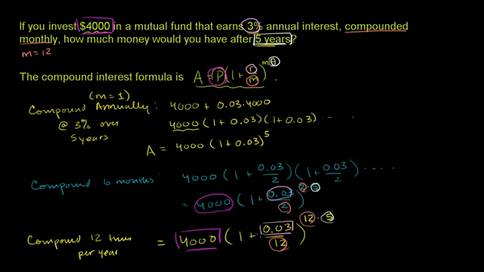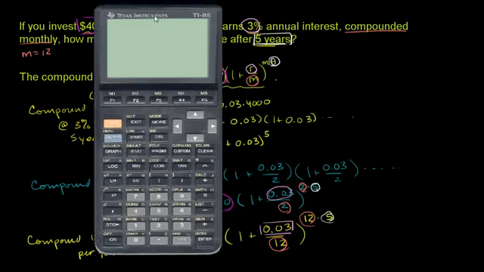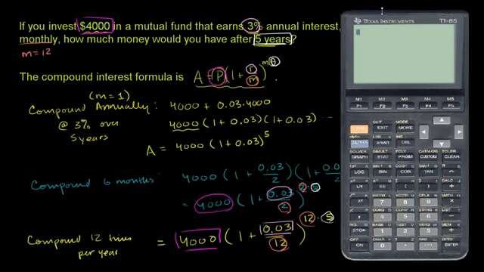And now we can just get a calculator out to actually evaluate this. Let's see. We've got my trusty TI-85 out. We're going to have $4,000 is what we're starting with, times 1 plus 0.03 divided by 12.